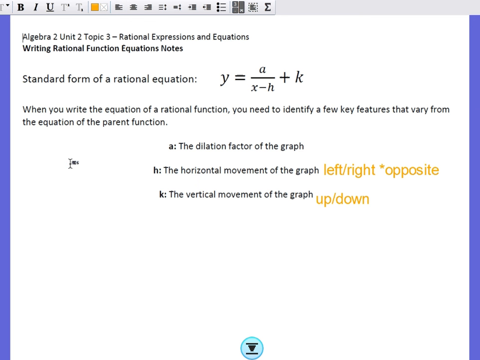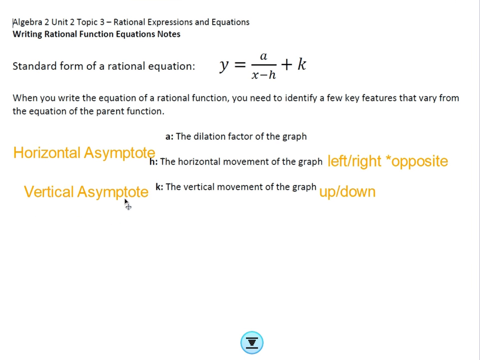The horizontal movement as well is going to be directly related to the horizontal asymptote. And the vertical movement k is going to be directly related to the vertical asymptote. So all of these things are very much connected. This is our generic standard form function for the parent function 1 over x.